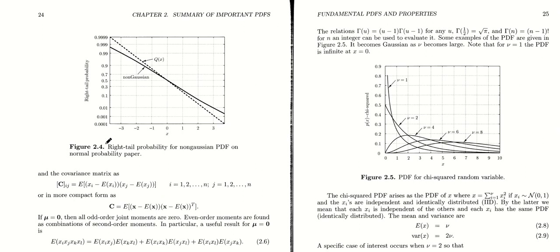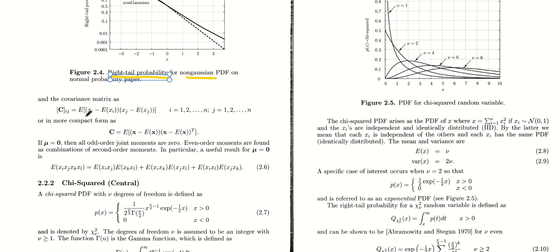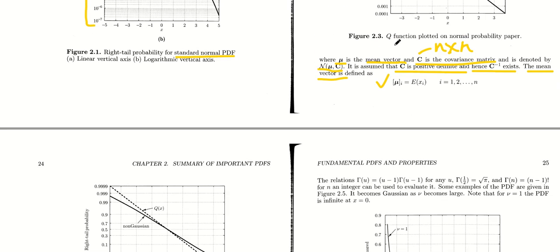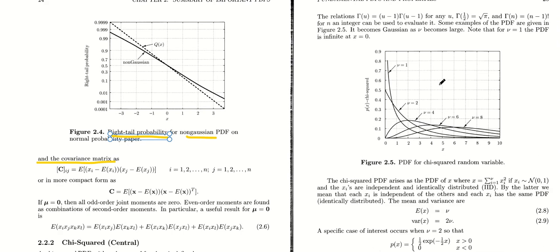Just go back a little bit. Write out probability from non-Gaussian PDF. Okay. And the covariance matrix continued from here. Continue from this statement of covariance matrix.